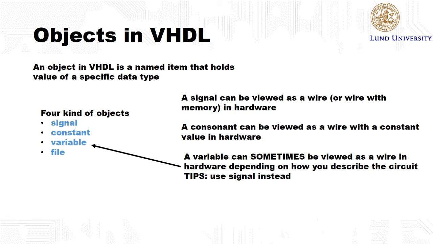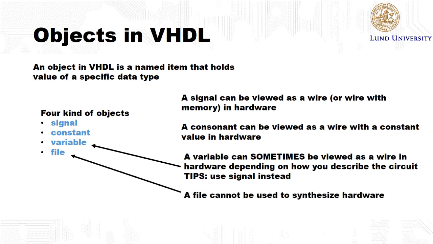So I would recommend you to stick with a signal object, as this is more clear what it translates to into hardware. Lastly, we have the file object, and this cannot really be used for synthesizing hardware, but it might be quite handy when you write test benches for testing your circuits. So when you describe hardware circuits, you will more or less only use the signal and constant object.